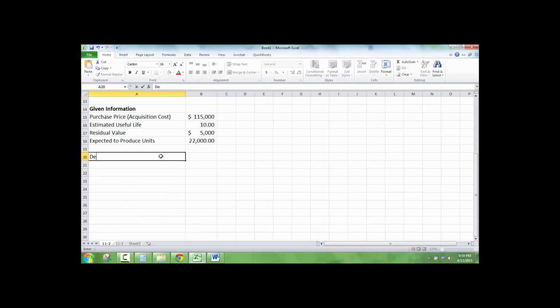So, depreciation 2013. We are going to use straight line.